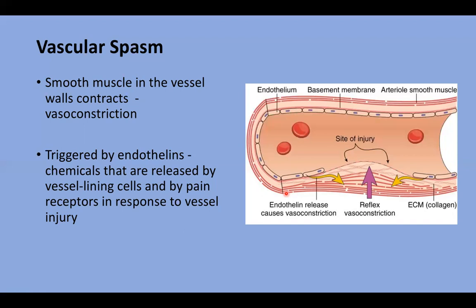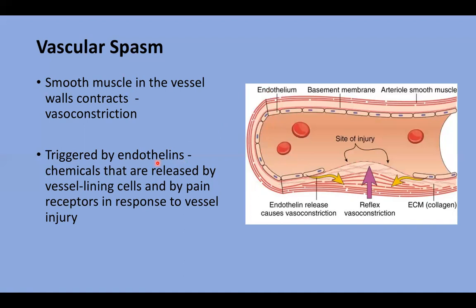So what is going to trigger the vascular spasm in this damaged vessel? Well, it's going to be triggered by chemicals that are called endothelins. Well, what do you think releases the endothelins? Well, it's the endothelium. So those are the cells that line the interior of our blood vessels, and they are going to release this chemical called endothelin.